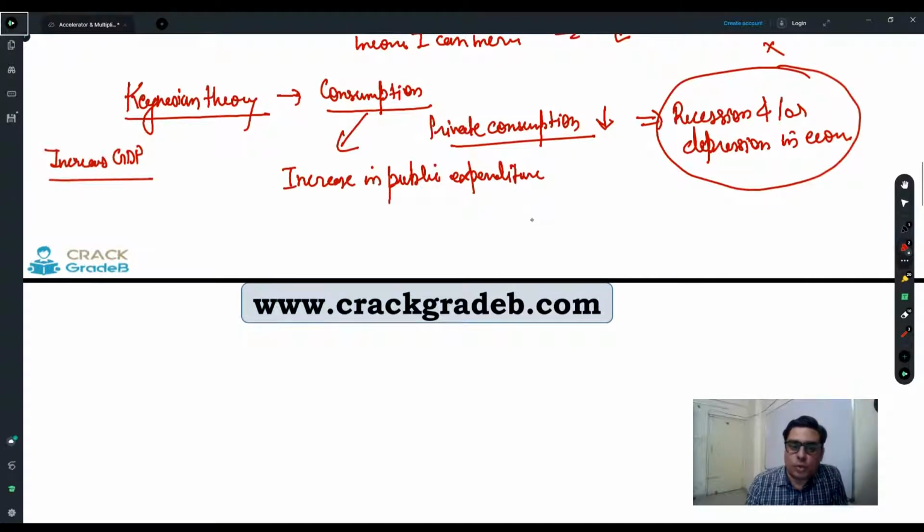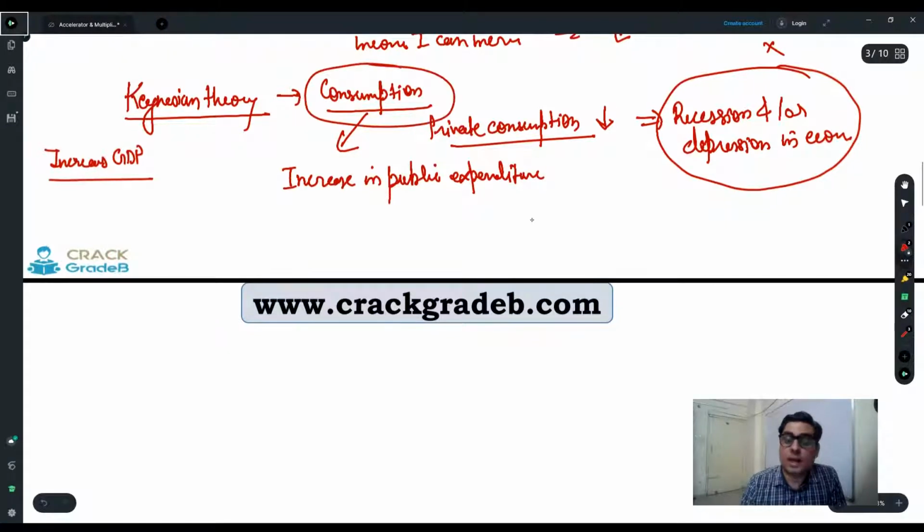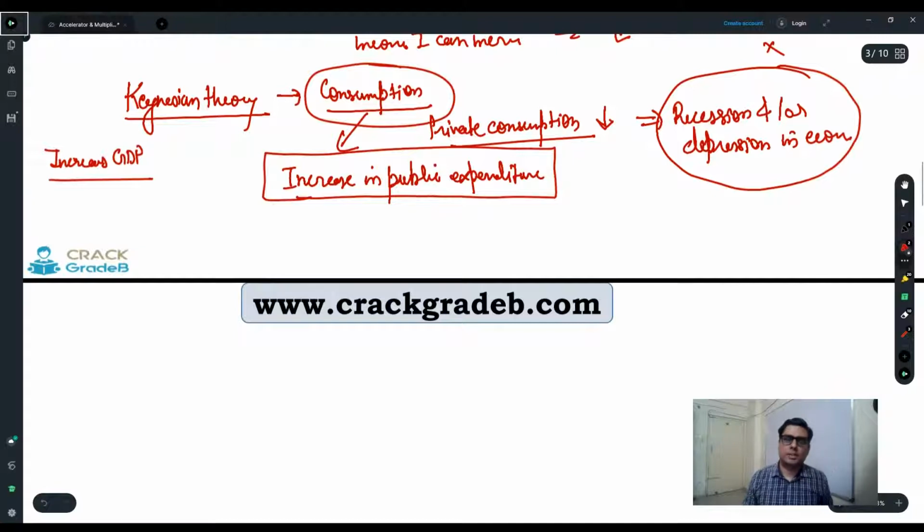why should we not use this consumption function of Keynesian theory to accelerate or multiply our GDP? So to increase the GDP, you use this consumption function, and under this consumption function, the government is going to increase its public expenditure.